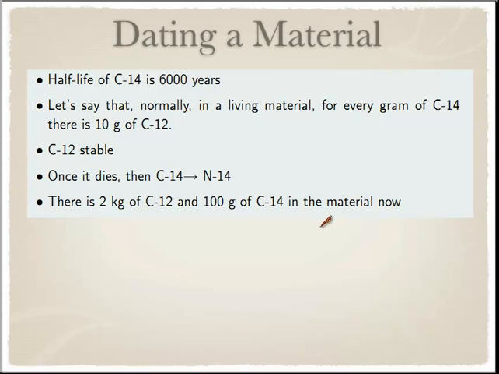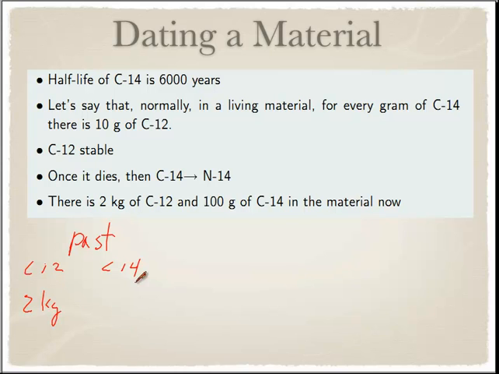We can say, well, in the past, how much of each was there? Well, in the past, there was 2 kilograms of carbon-12 because it is constant. So that hasn't changed. In the present versus the past, that hasn't changed.